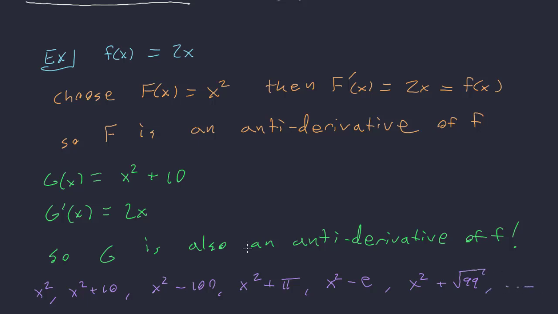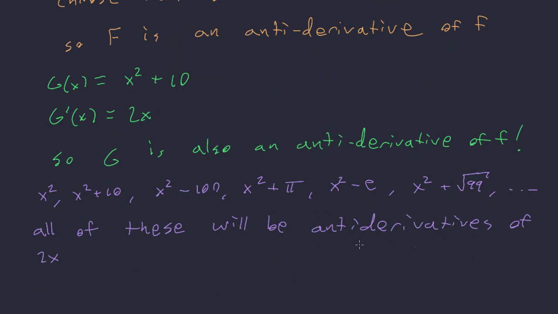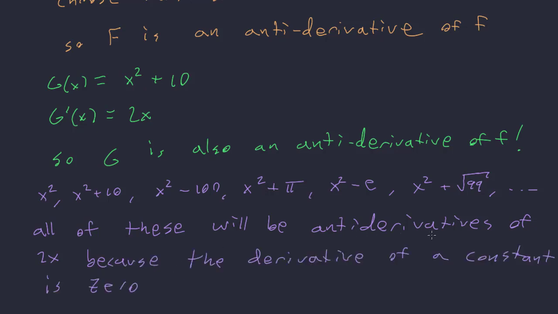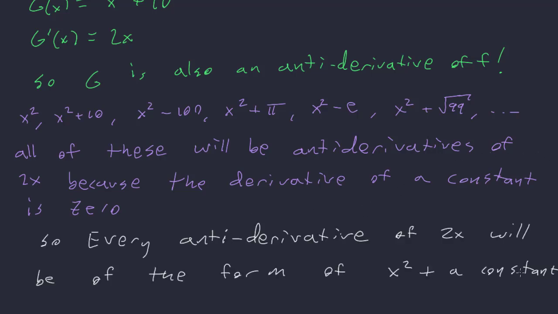All of these are going to be antiderivatives of 2x, because the derivative of a constant is 0. So every antiderivative of 2x is going to look like x squared plus a constant.